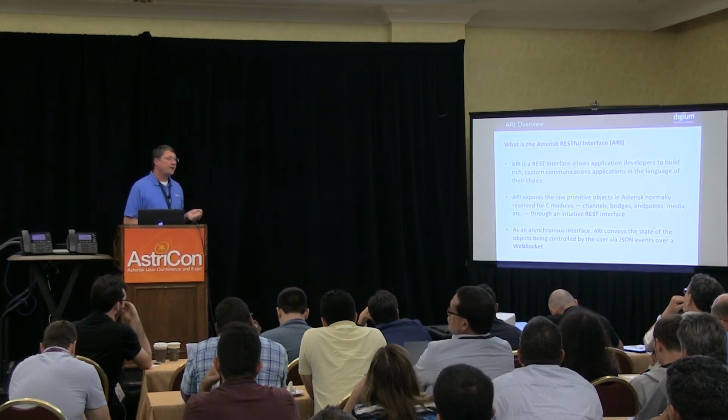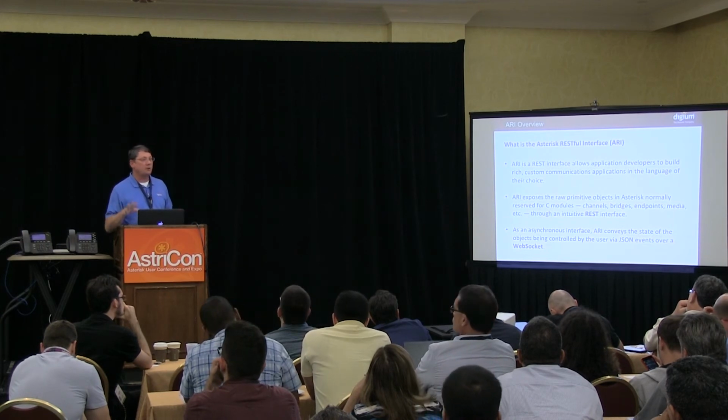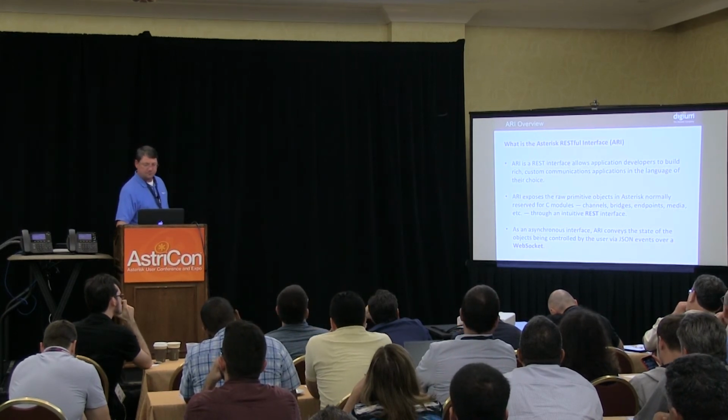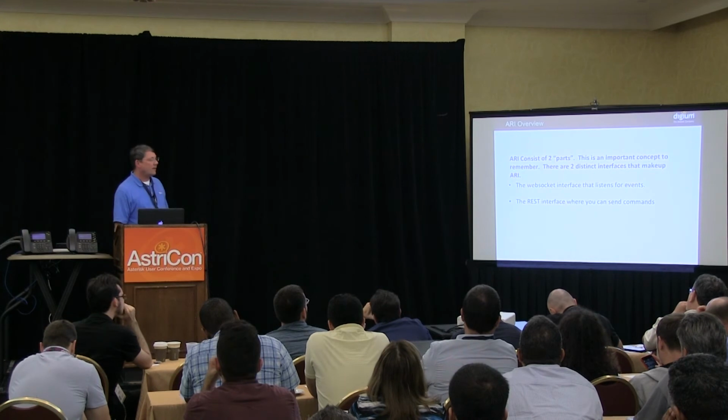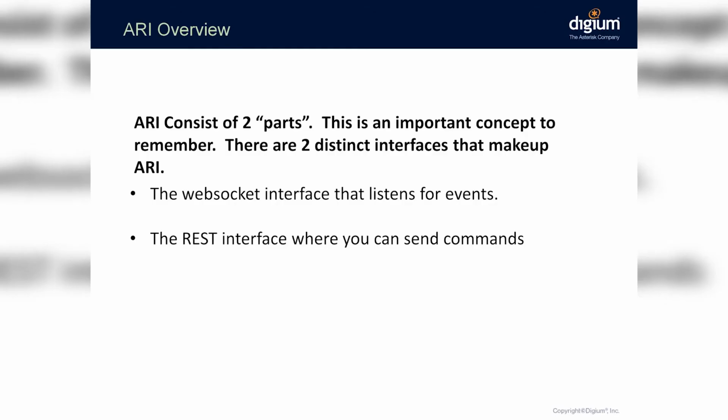There's the RESTful interface where you send commands and receive responses. Then there's this other WebSocket interface where you get events. And that's an important concept to remember when thinking about ARI, those two distinct channels.